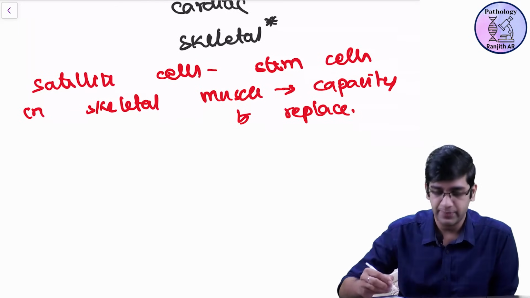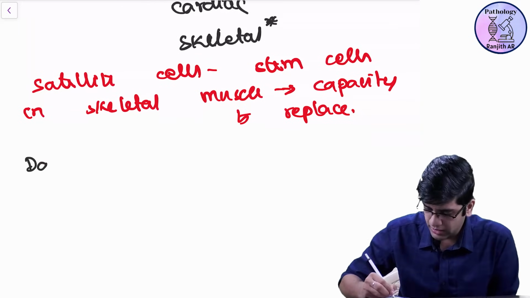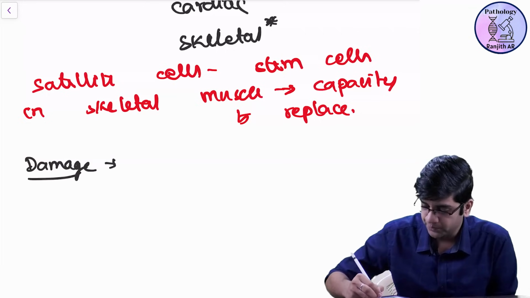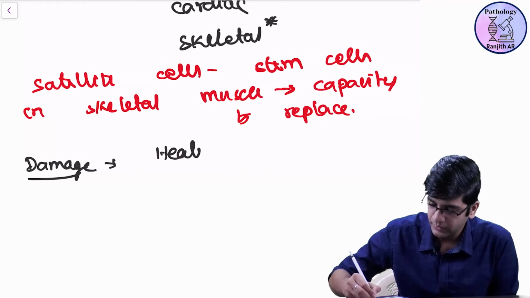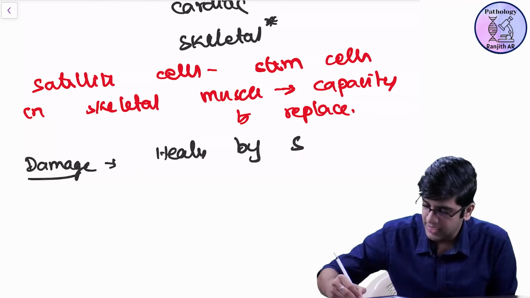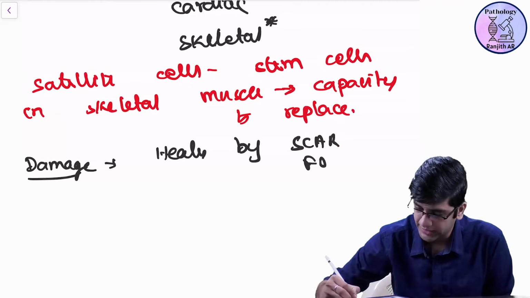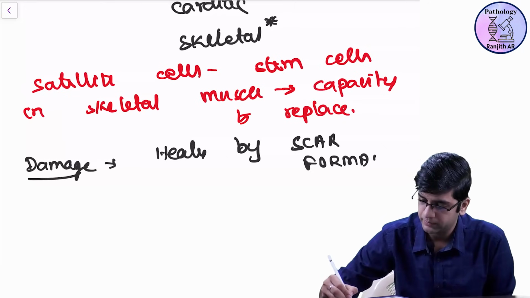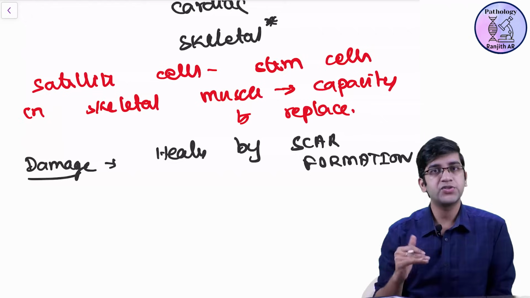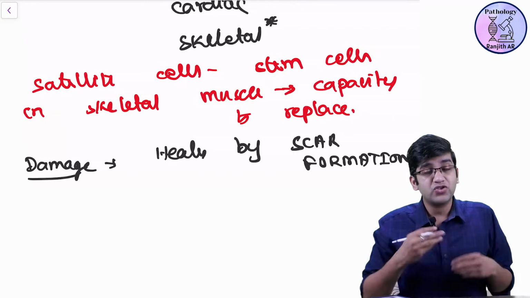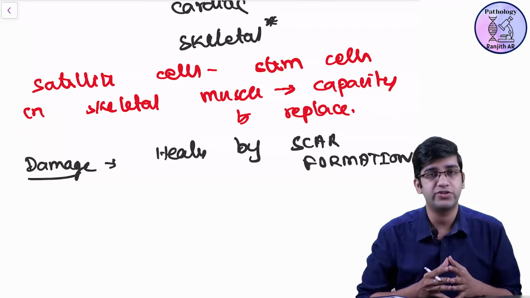So when anyone has a damage in a permanent tissue or a terminally differentiated tissue, they are going to heal by scar formation only, or repair by scar formation only. The outcome is almost always scar formation. Regeneration is very, very limited because they don't have the capacity to regenerate, right?